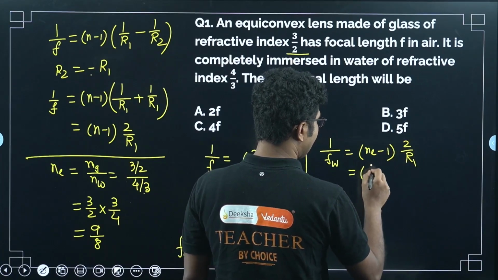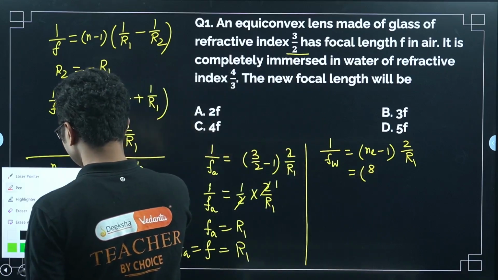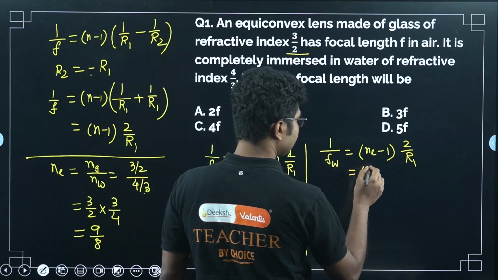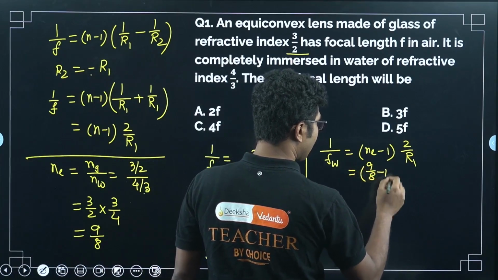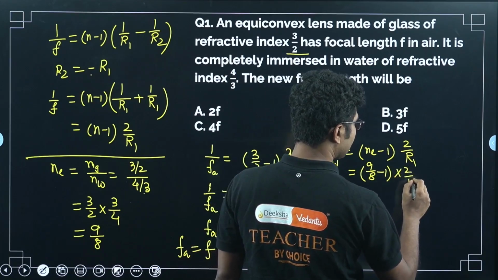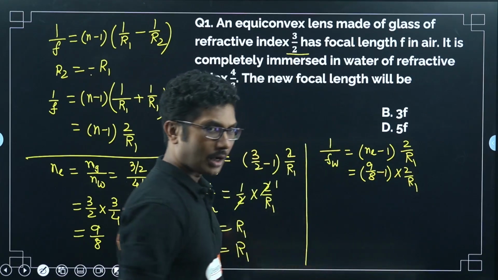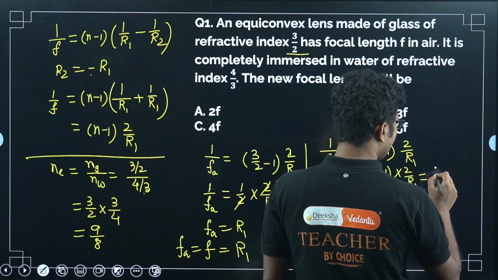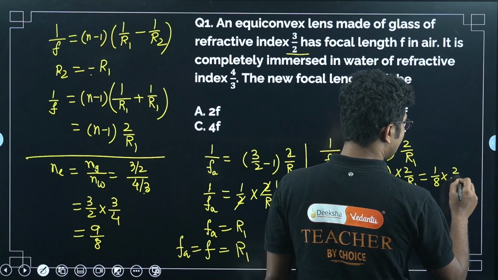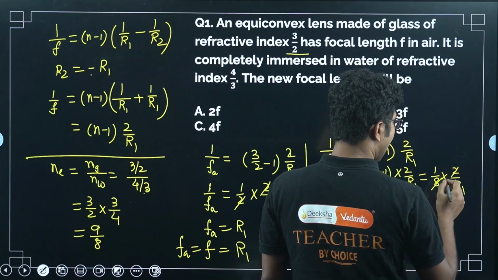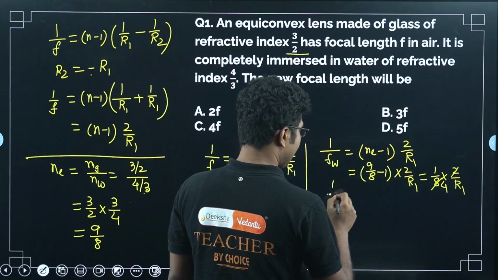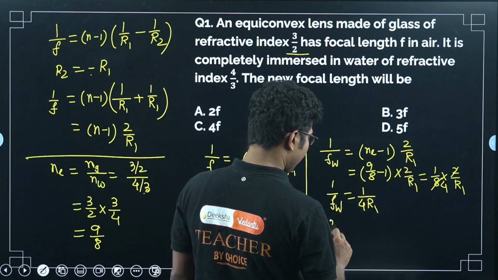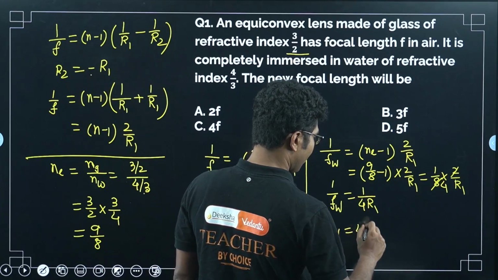We have calculated n effective as 9/8, so it is (9/8 minus 1) times 2 by r1. 9/8 minus 1 is 1/8, so it will come out to be 1/8 times 2 by r1. So 1 by f w is nothing but 1 by 4 r1, or f w is equal to 4 r1.